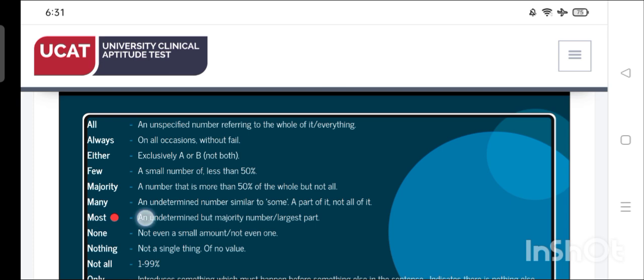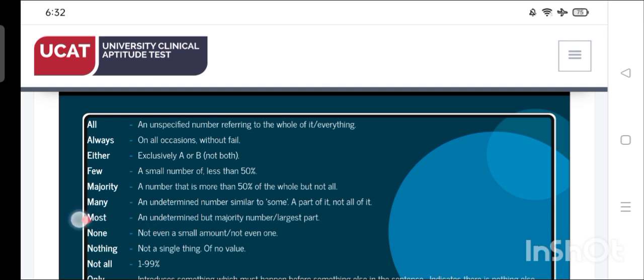Many: an undetermined number similar to some. A part of it, not all of it. Many means again something like majority: it could be a part of it but not all of it. It could be more than 50% again, but not all of it.